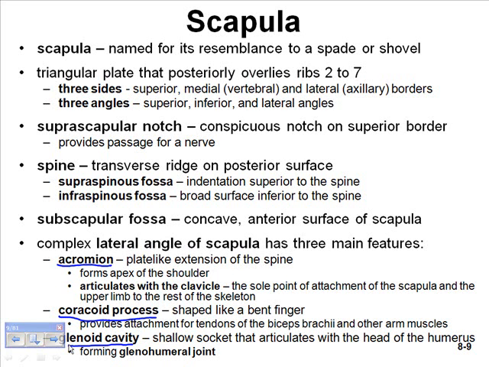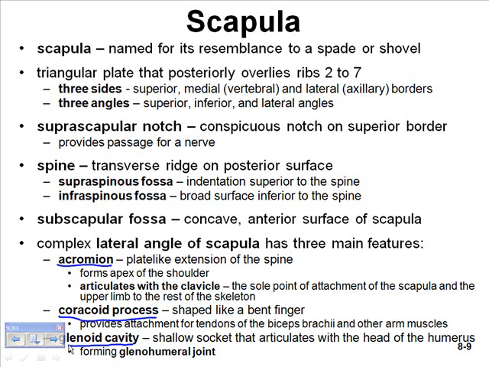The coracoid process actually looks like a bent finger on that same end of the scapula. This is where most of the tendons that are going to attach your biceps brachii and the brachialis and some of the other upper arm muscles to the scapula.